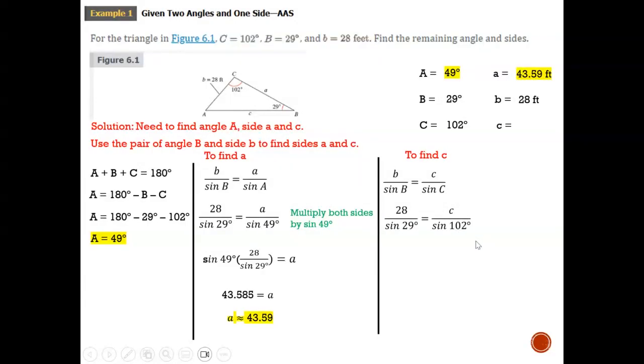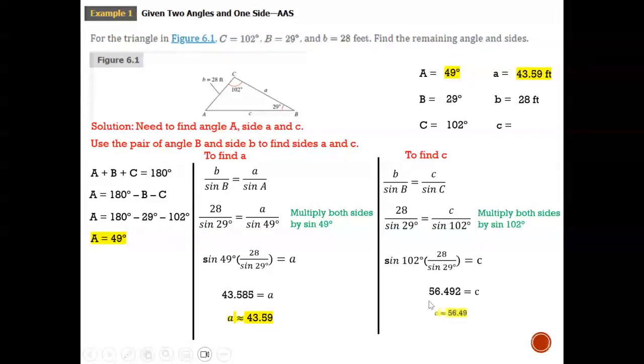Again, we're going to multiply both sides by the sine of 102 degrees. This will give us sine 102 degrees times 28 divided by the sine of 29 degrees. Again, make sure that your calculator is in degree mode. This is going to give us something like 56.492. Rounding off to 2 places gives us 56.49. So this is my result for side c, 56.49 feet.